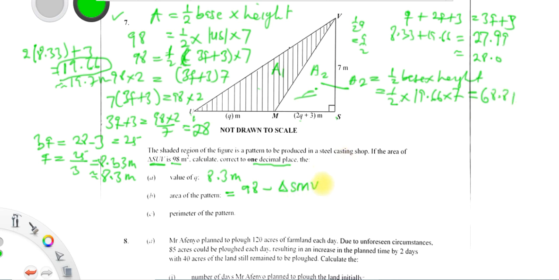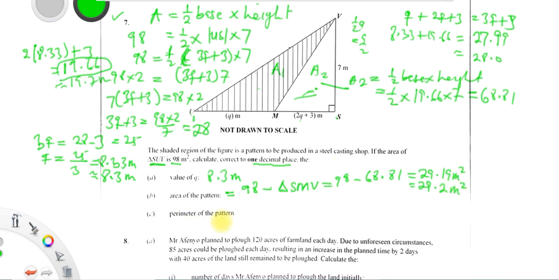So if you want the area of the pattern, it is 98 minus 68.81, which gives you 29.19 meters squared. Don't forget the units. It says to one decimal place, so you get 29.2 meters squared, guys.